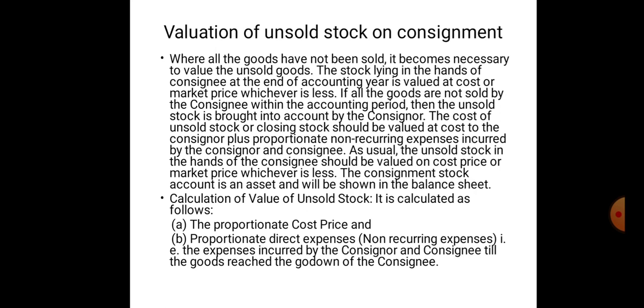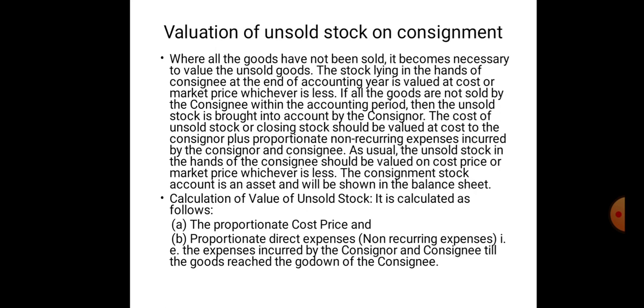So non-recurring expenses, whether incurred by the consignor or the consignee, have to be added to the cost of the closing stock of the consignor. So the unsold stock in the hands of the consignee should be valued at the cost price. The consignment stock account is an asset and will be shown in the balance sheet.